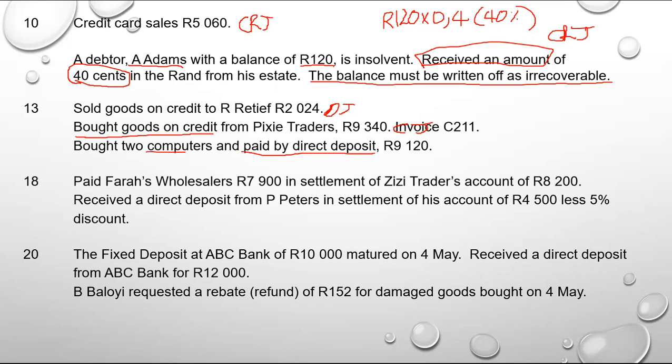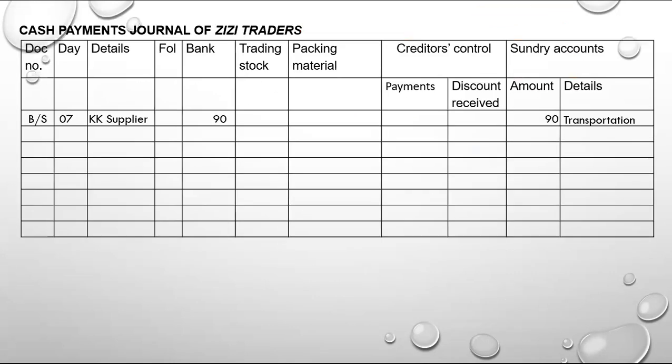Computers, it's equipment, we know that. This will go to the CPJ because we paid, Jacob. All right. And we will record this in the cash payments journal as BS. It was a direct deposit. Day was the 13th. We paid it to, it's just cash, right? Yeah, they didn't specify from whom we bought, right?